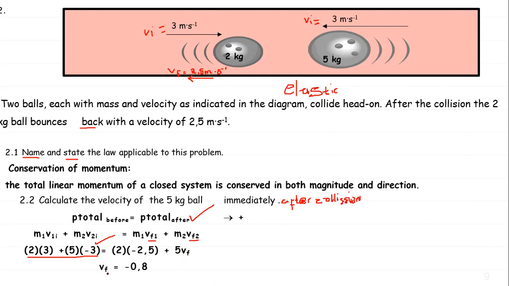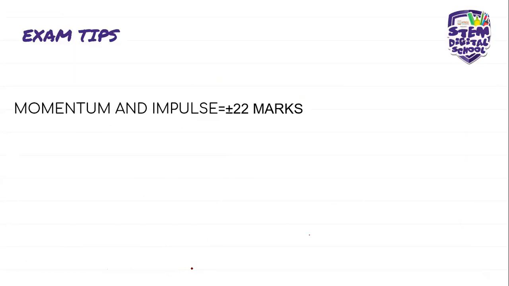So we find that the final velocity after the collision is negative 0.8 meters per second. Then we interpret the negative, in other words, it's 0.8 meters per second, and that will be to the right. So it will be another mark there, as well as another mark. So that is more or less 5 marks altogether.